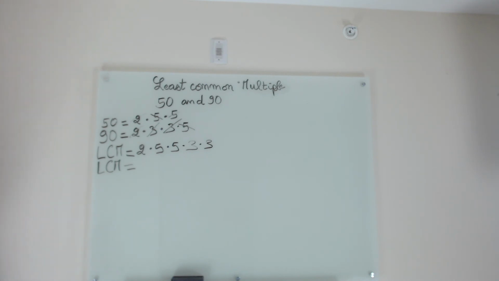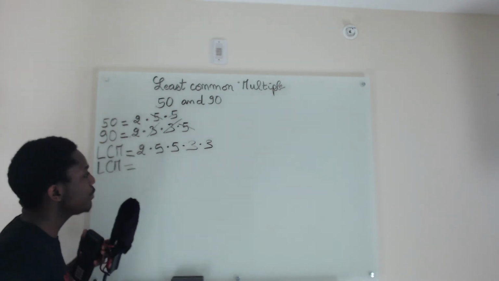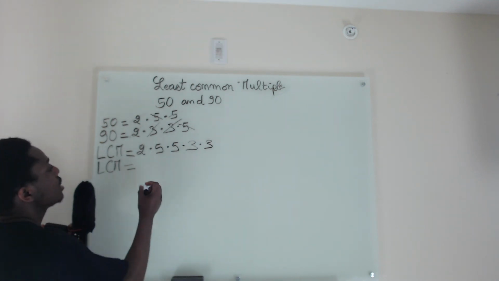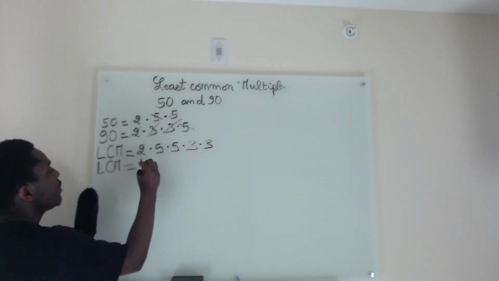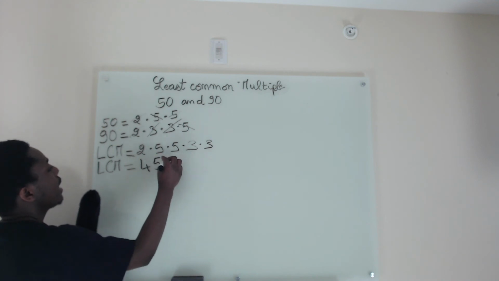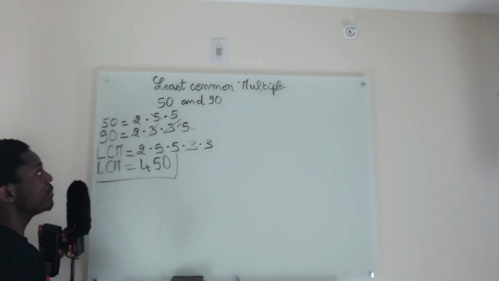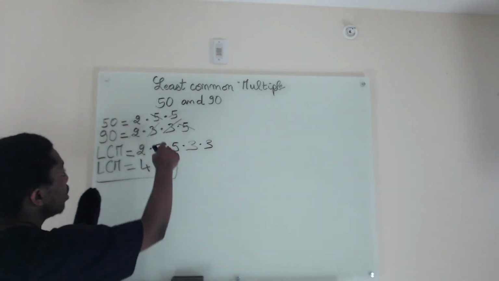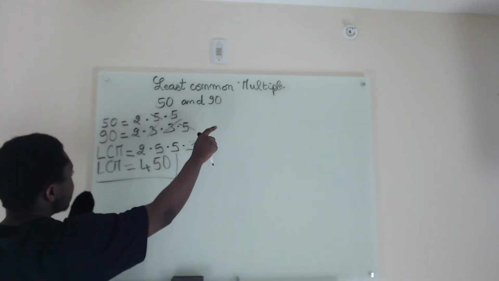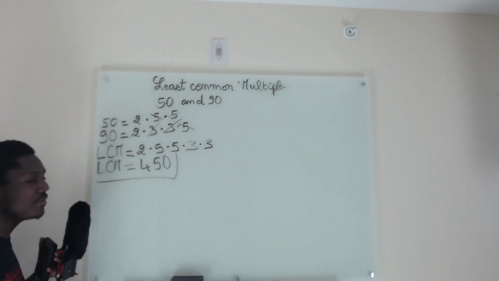And the final answer would be, so after multiplying all these numbers in my calculator, the final answer is 450. So the LCM, or the least common multiple, of 50 and 90 is 450.